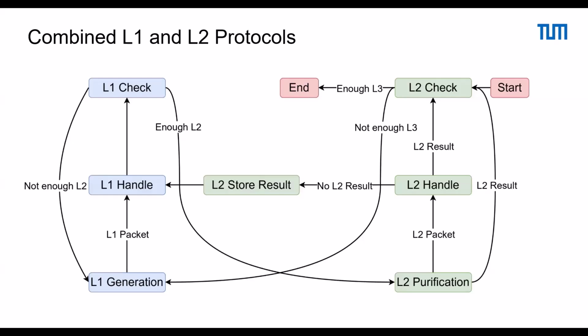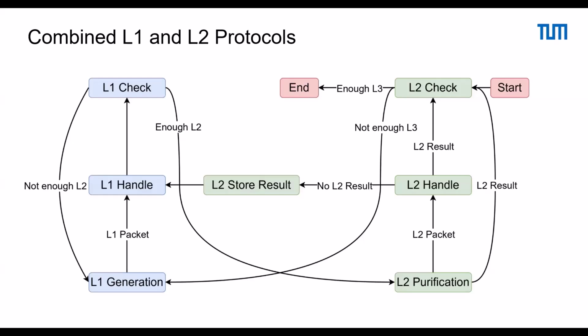When we don't have enough, we need to generate again. Again, this also depends on the memory size that we have. So we cannot just simply repeat the number of qubits that we previously had, but we need to do this based on the memory.